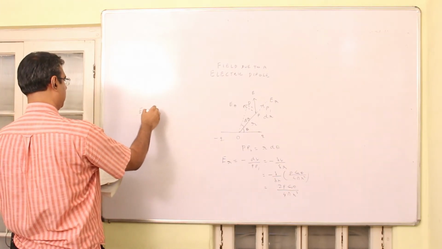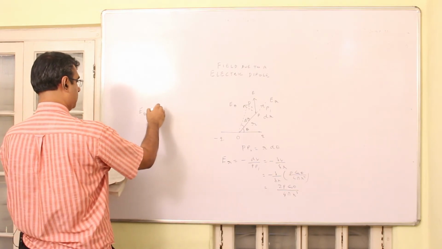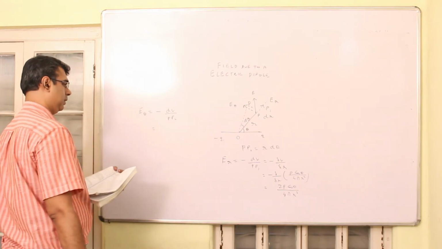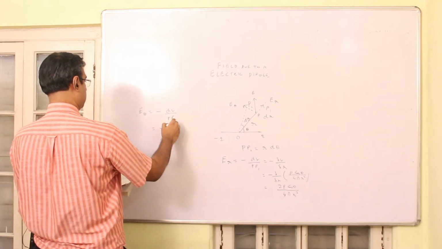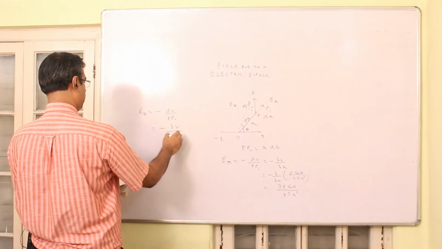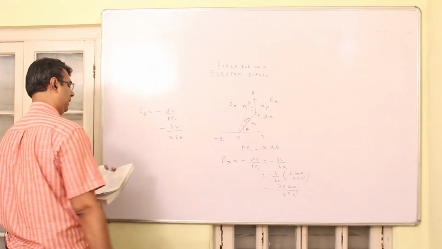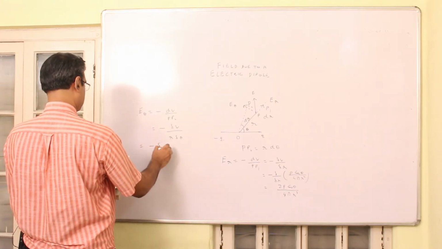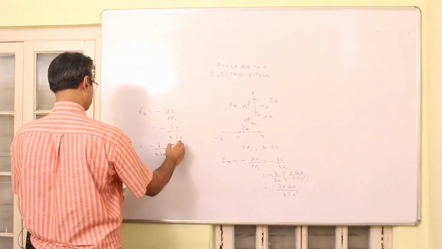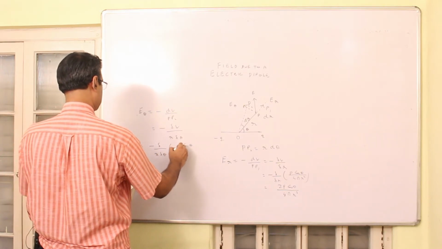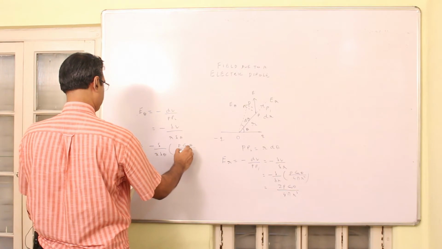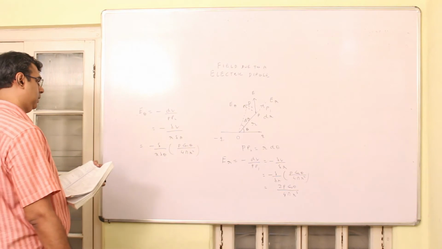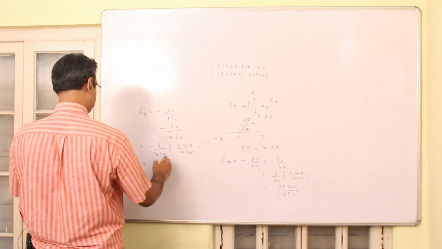Similarly, let us try to find out what E theta is. So E theta is minus dV by PP2. So that is minus delta V by r into delta theta. So we will get minus delta by r delta theta of P cos theta by 4 pi r square.